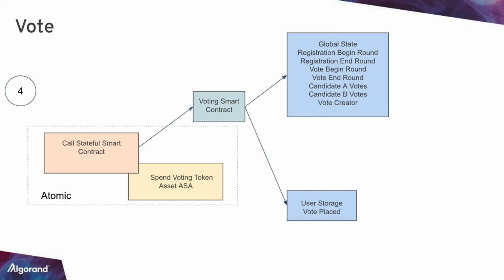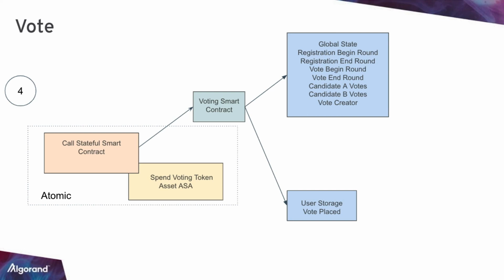So for example, let's say they make a call to vote and they say, I'm voting on candidate A here. And then they don't have a token, so the spending token transaction fails. Then candidate A's vote will be rolled back. So that's the way the failure of stateful smart contracts works. And this is a typical pattern you'll see through virtually anybody that's going to build smart contracts on Algorand: they're going to use atomics for things like this.